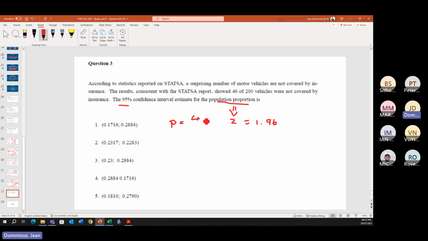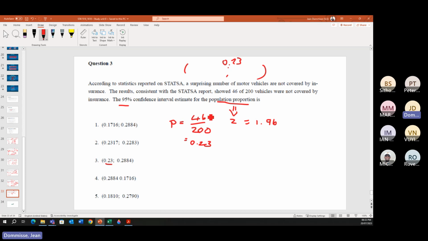So 46 out of 200 is 0.23. There they give it to us, but obviously that again is not going to work that nicely. So 0.23 is in the middle.